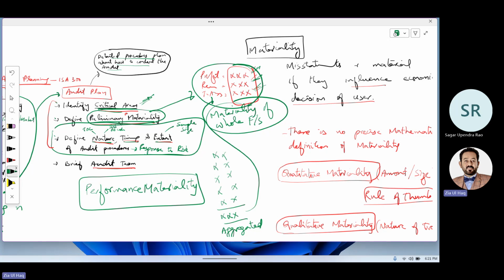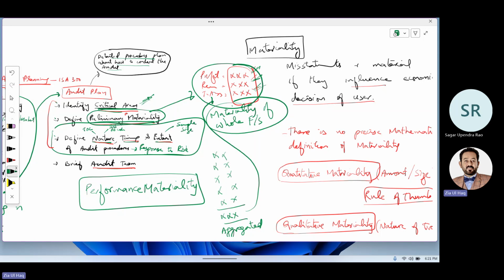Suppose initially we calculated materiality based on 10% of profit. Now we should define preliminary materiality at 5% of profit. If initially we calculated materiality on 1% of revenue, the lower percentage is 0.5%. Now we should reduce the preliminary materiality to 0.5% of revenue.